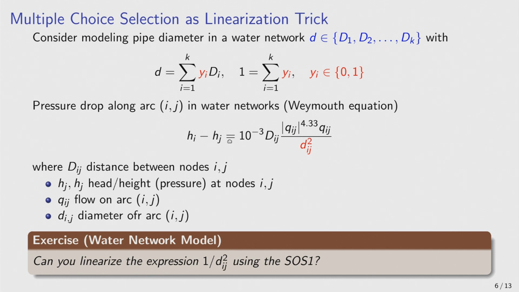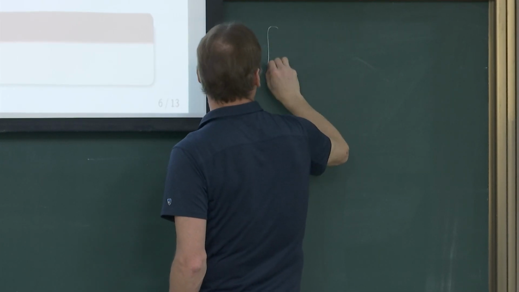Right, so the little exercise here that you can do in the next 4 or 5 minutes is to look at this expression here, 1 over dij squared. So that's a nonlinear function. And the question is, can you linearize this using special ordered sets? So you have f.